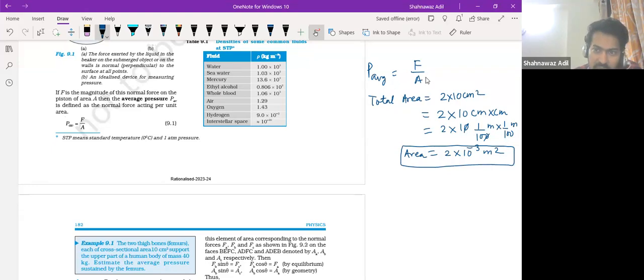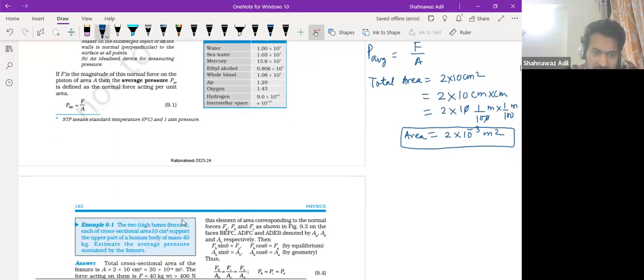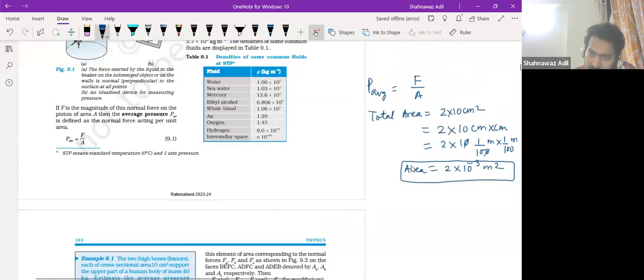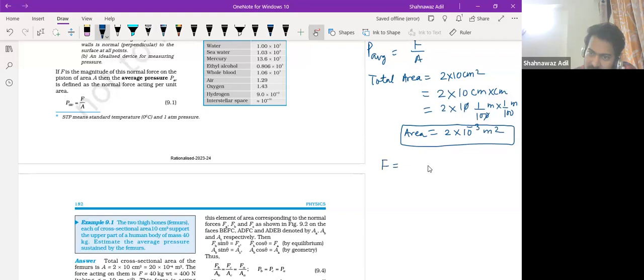And what is the force? Force is the weight on the thigh bone, right? So their mass is 40. So force would be how much? Force is mg. So this mass is 40 into g is 10. So 400, right?